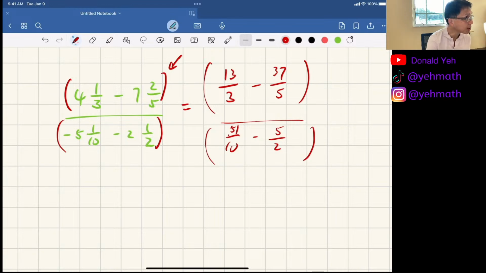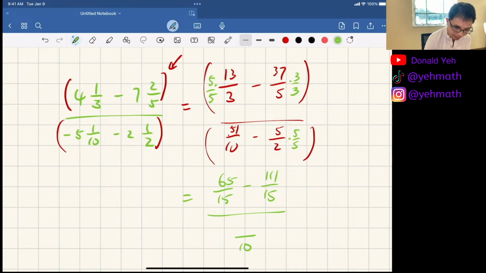Am I going too fast? No? Okay. So I'm going to multiply this by 5 over 5 and this by 3 over 3, because I need a common denominator when I'm subtracting, not multiplying and dividing. I need to just multiply 5 over 5 here because I only need a common denominator of 10. So that's going to be 65 minus 15 over 90 plus 21, so it'll be 111, I think.